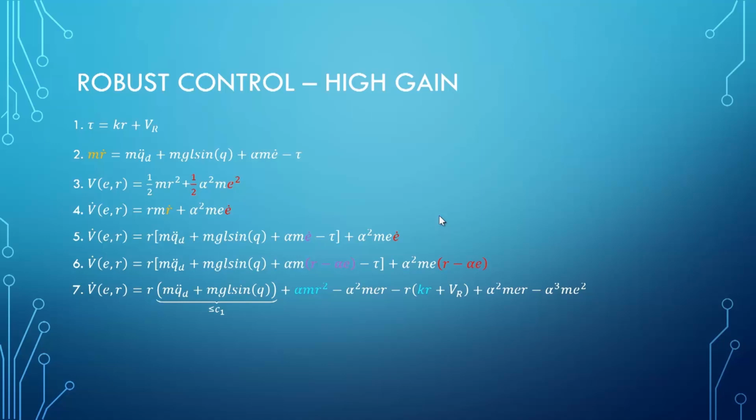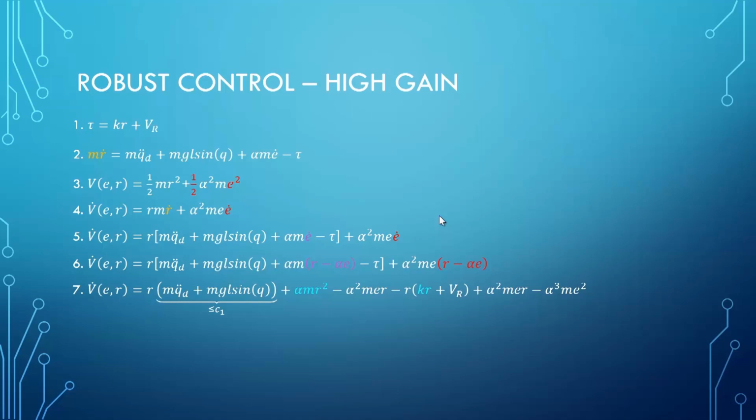Here and here, these two terms can be cancelled, and the reason is I expand eta here, so you can cancel this term out. Otherwise, there's no way you can cancel it out. So now from step 5 to step 7, we are doing regrouping.